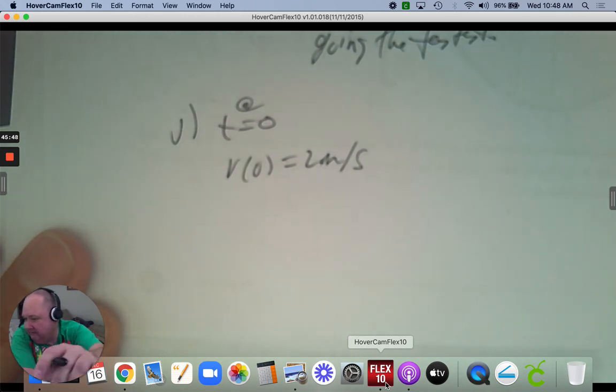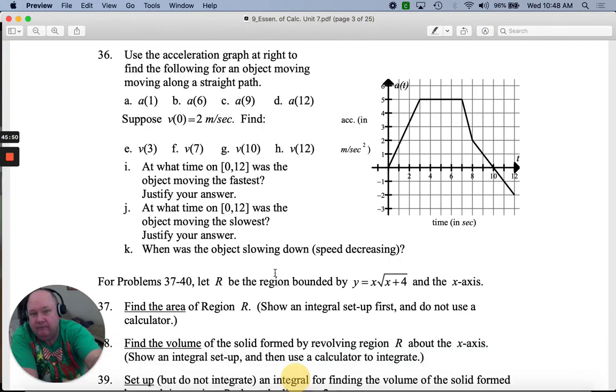K. When was the object slowing down? And so that's right here. It's slowing down not here, because notice how the acceleration is negative and the velocity is negative right here. So it's slowing down right here between 10 and 12.